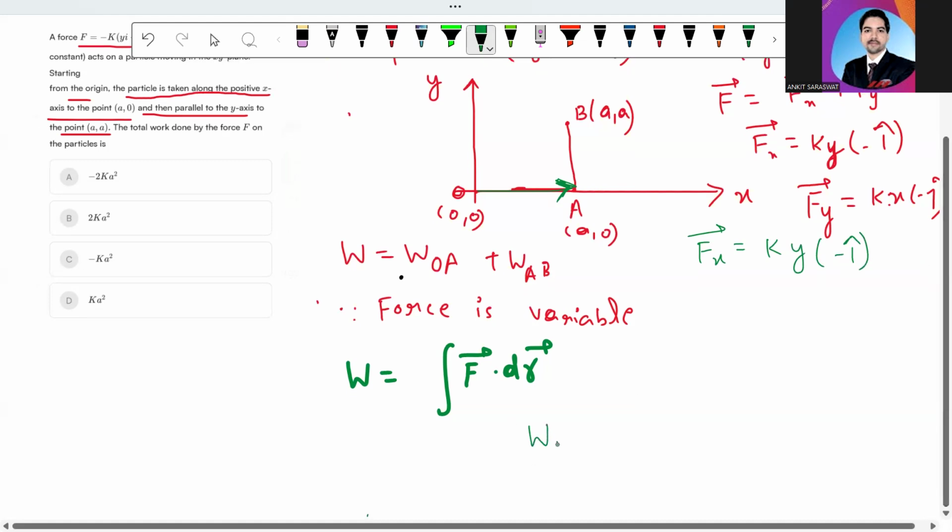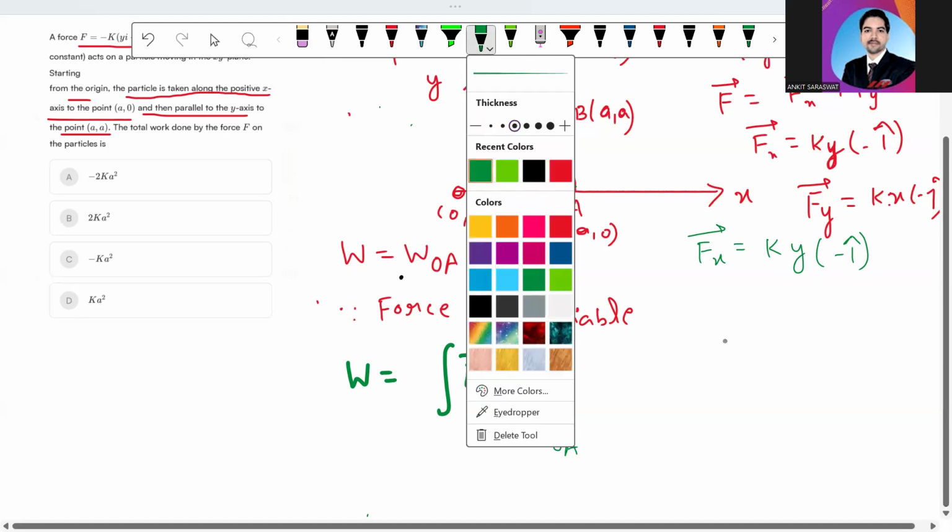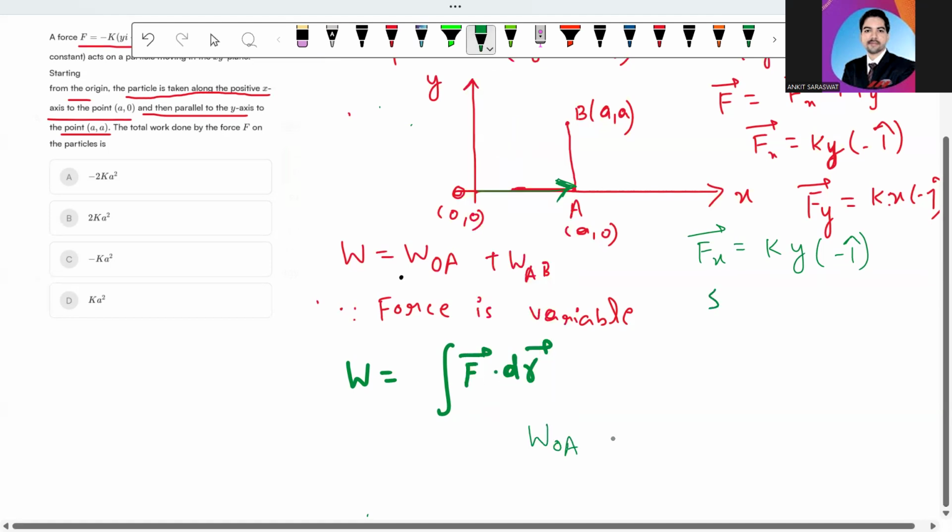So along this OA, moving from O to A, force and displacement are in opposite directions. Force Fx dot displacement in the x direction, so it is Fx dx cos 180.